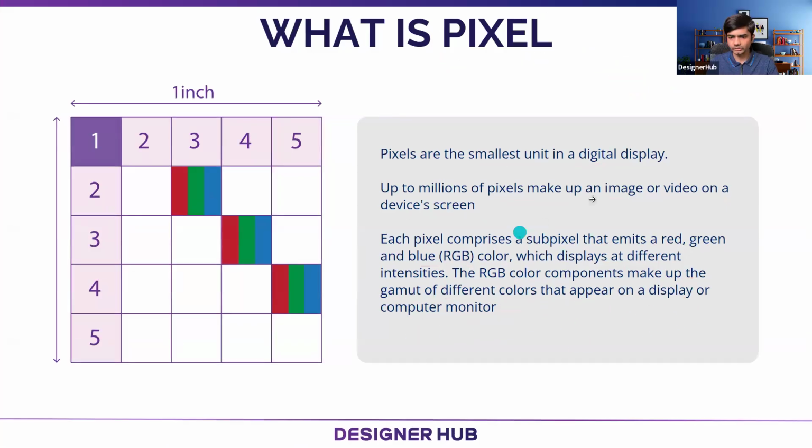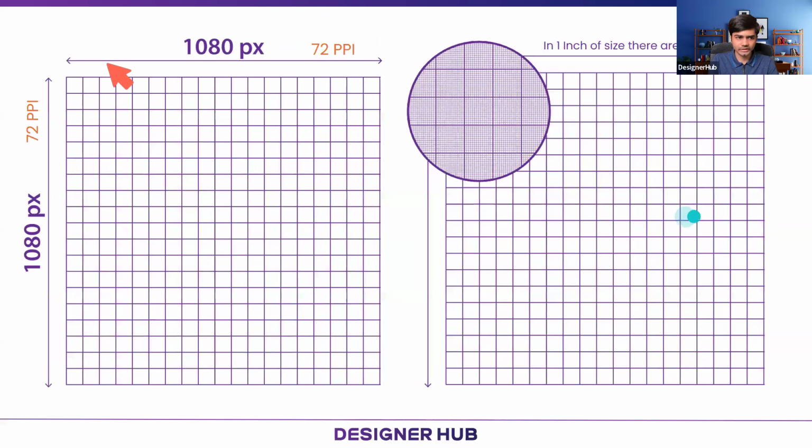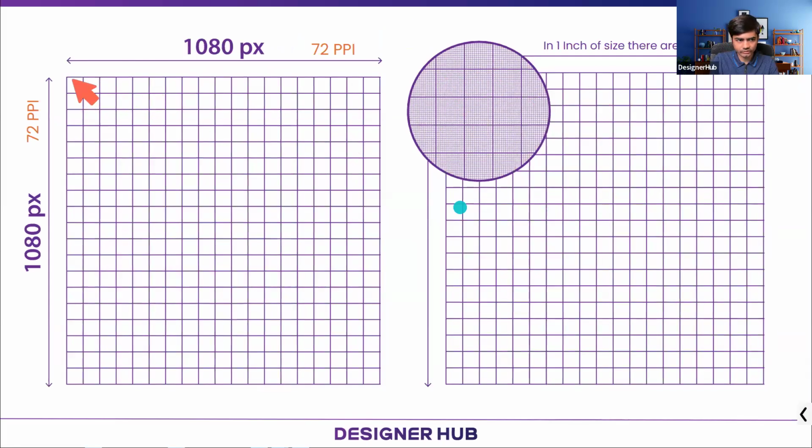Let me take you one more step further. This is your entire pixel, and each pixel is divided into 1 inch. Now, in each inch, if you call it 72 PPI, that means there are 72 of those red, green, blue boxes, like this.